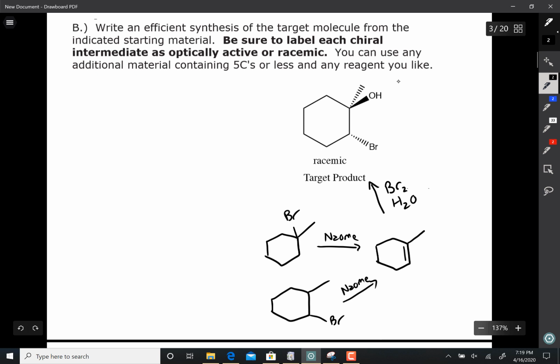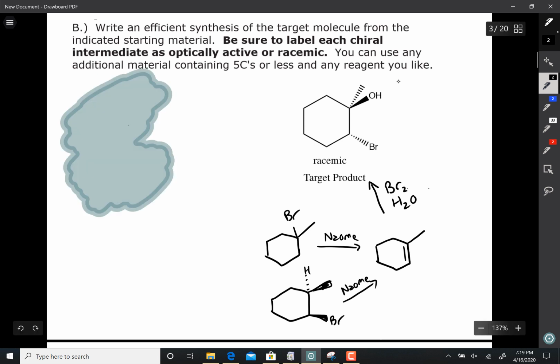Now, in the first case, we don't have to worry about chiral centers and stereochemistry. The second case, we do because of the anti-coplanar rule. If this bromine is a wedge, that hydrogen needs to be a dash. And then we take a look at our starting material once again, what we're trying to get back to.